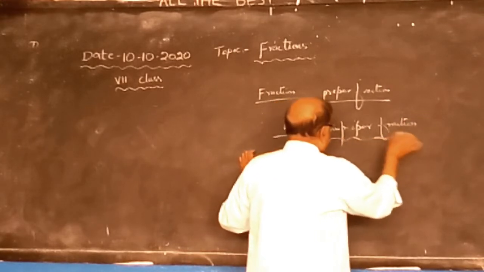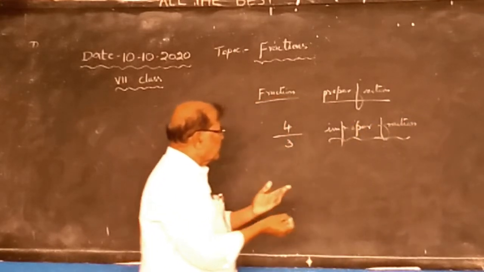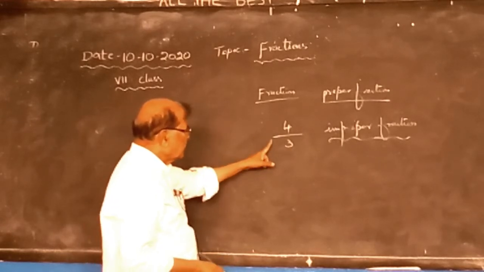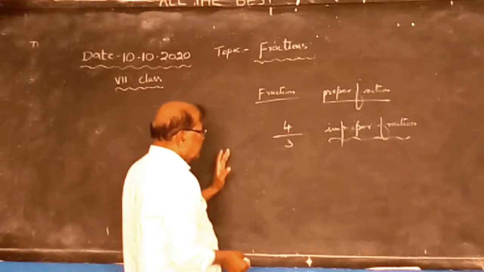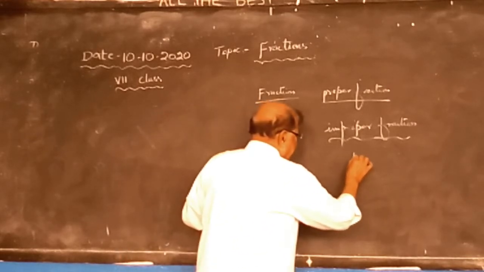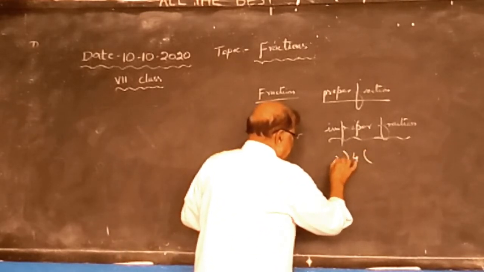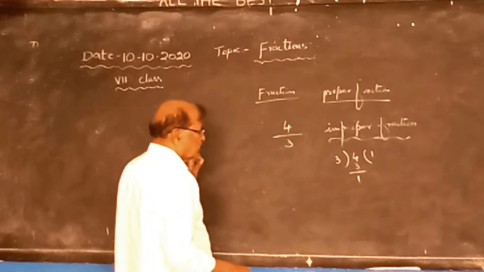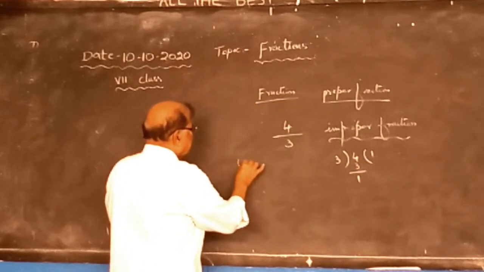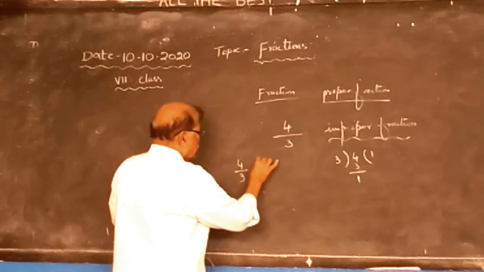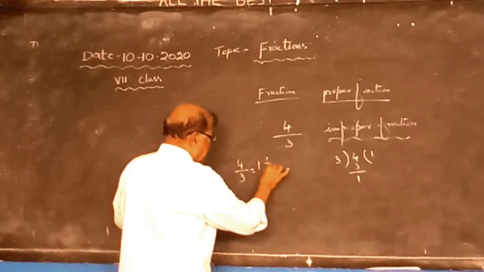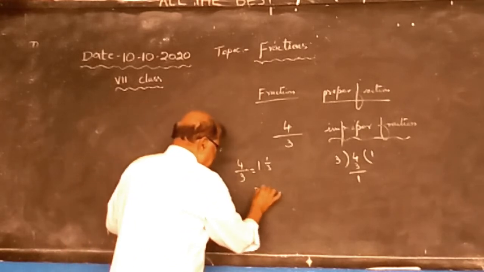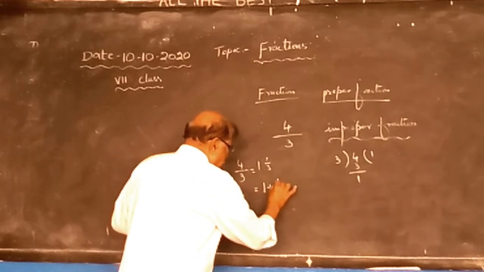So, what are the important factors of improper fractions? Here the meaning of 4 by 3 is 4 divided by 3. 3 1s are 3. The remainder is 1. So 4 by 3 is equal to 1 and 1 by 3, which is nothing but 1 plus 1 by 3.